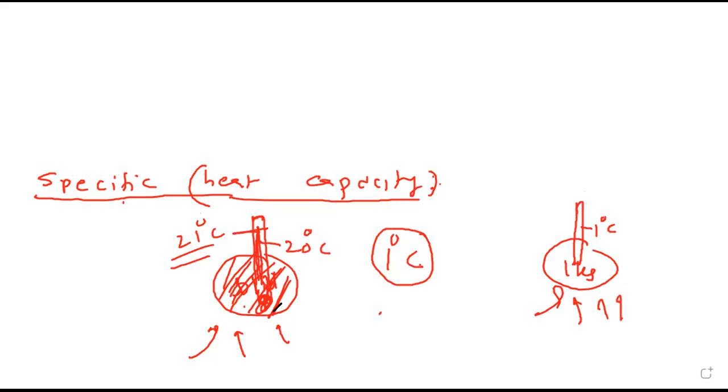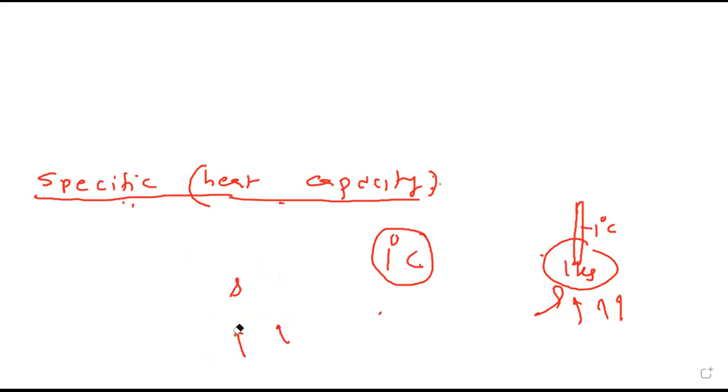For the entire mass it is heat capacity, for 1 kg it is specific heat capacity.